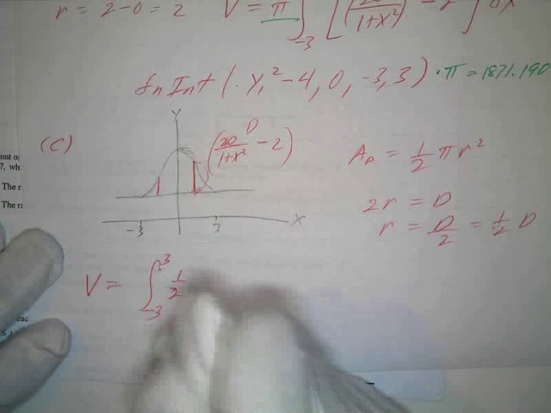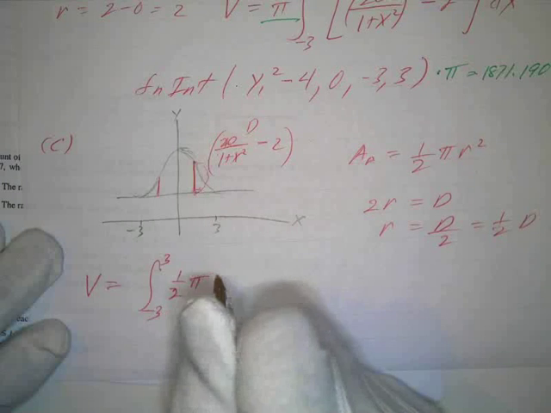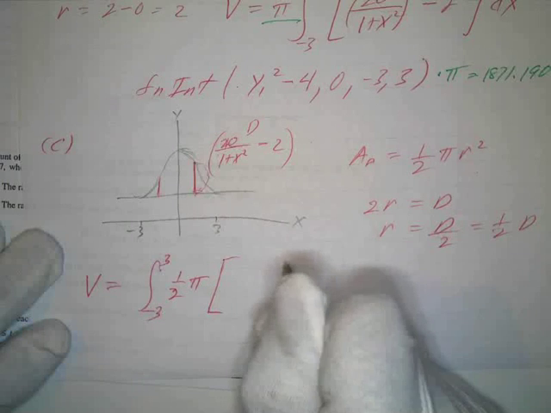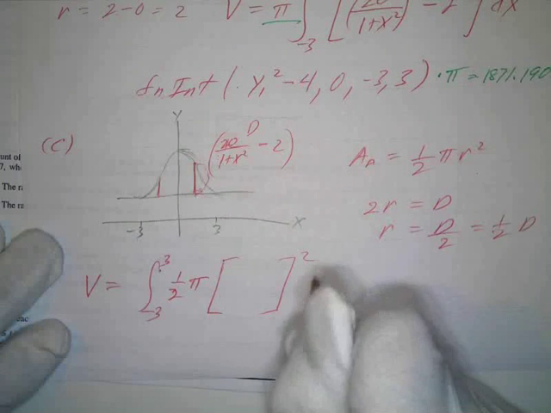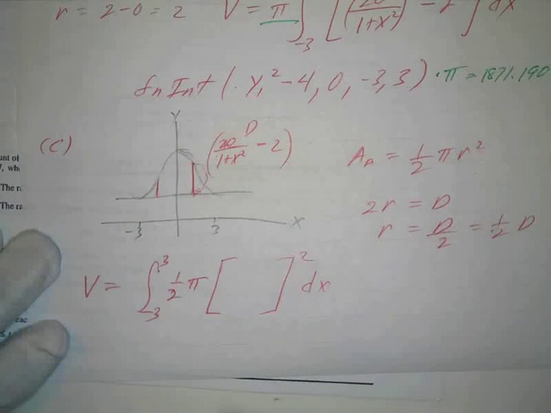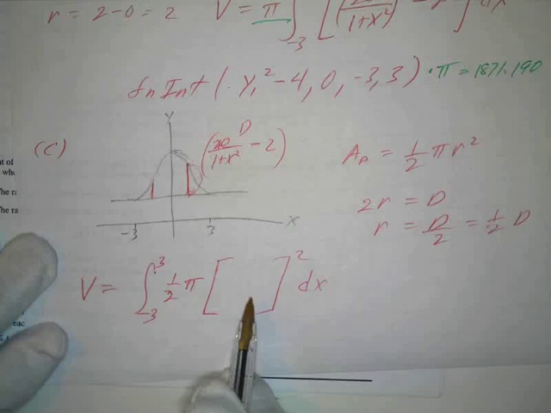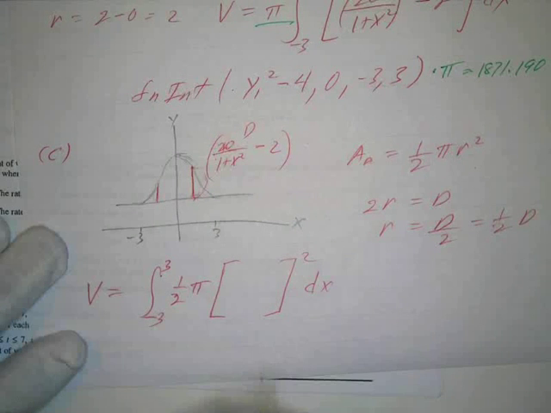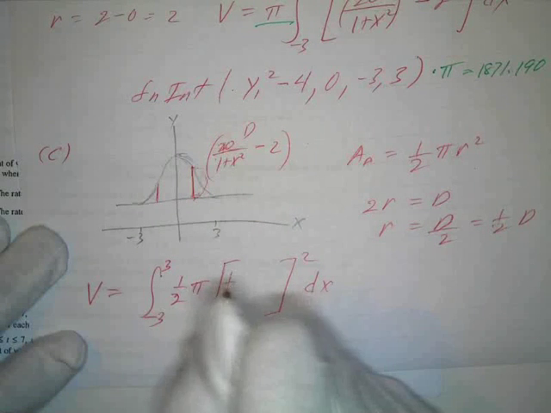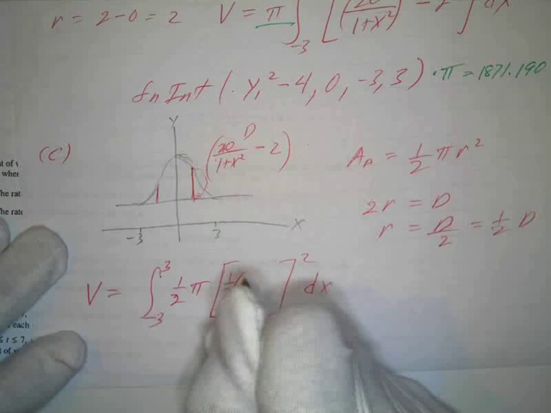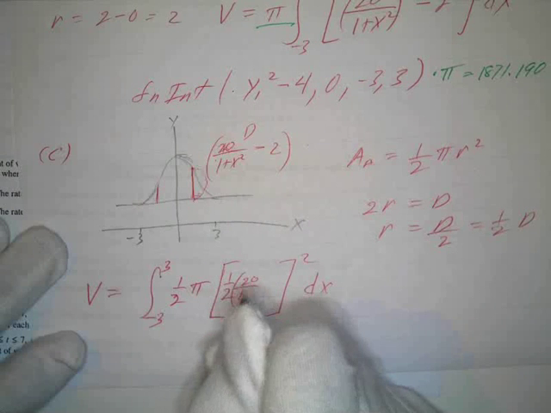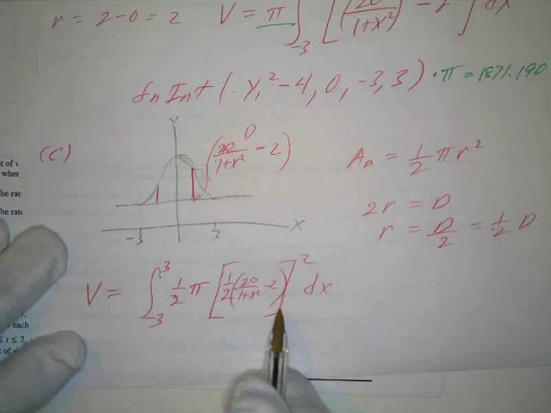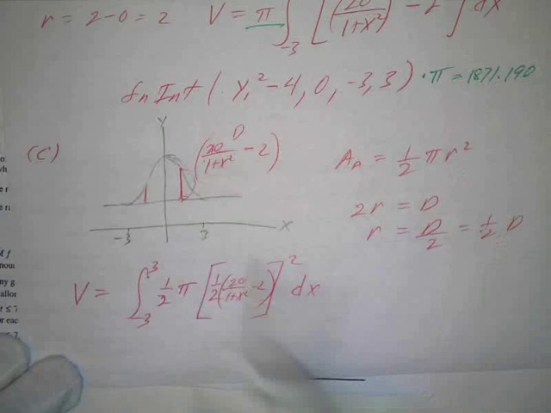In this case, area is going to equal 1/2 pi r squared, and dx, okay? So it's going to be 1/2 pi r squared. Now what's r? R is 1/2 the diameter. What's the diameter? That's this whole thing. So it's going to be 1/2 times this squared: 20 over 1 plus x squared, minus 2.